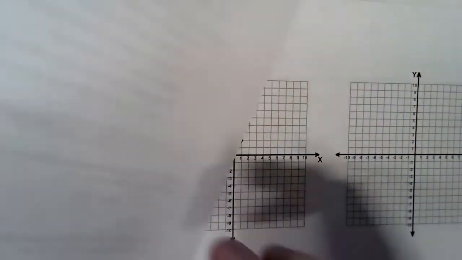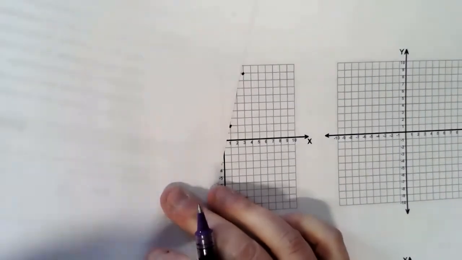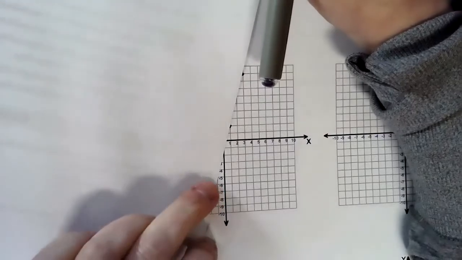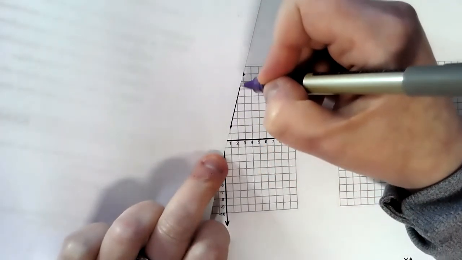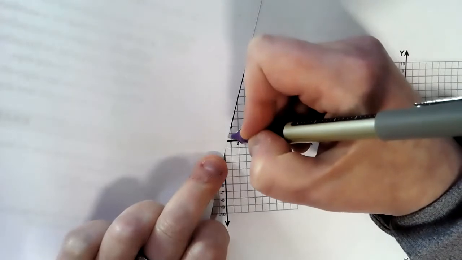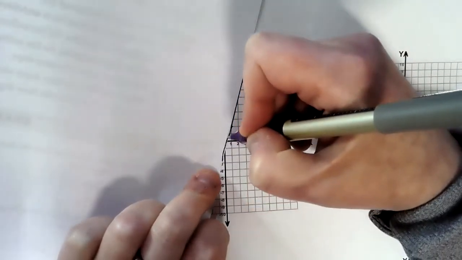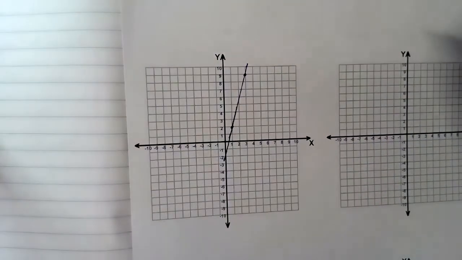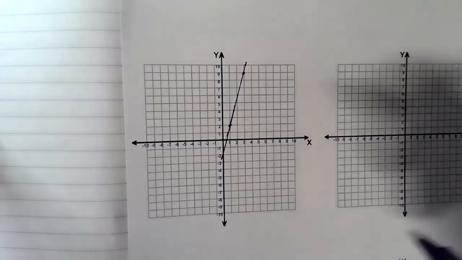Then we can draw the line. This is probably the hardest part for me, is drawing these lines. All right, let's see. Actually it just keeps going. Oh, I did a terrible job drawing this. All right, so that gives you an idea. It's imperfect, but it gives you the idea.